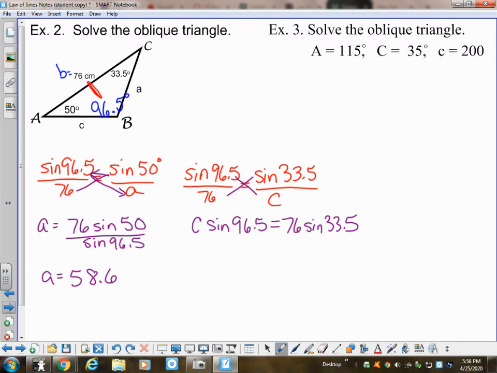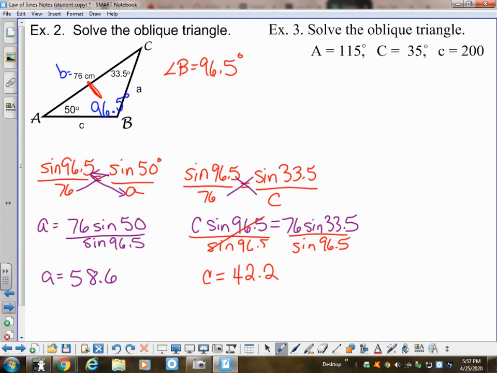And then we're dividing by sine of 96.5. And little c is equal to 42.2. So I'm done. I've got everything. So angle B is 96.5 degrees. I have little a, 58.6, and little c, 42.2.